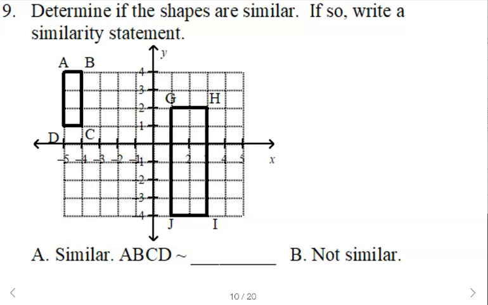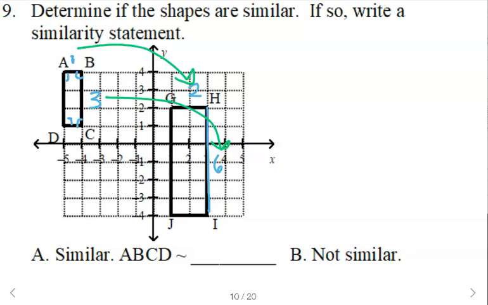Quadrilateral ABCD is similar to, just write it in the way they correspond. Now I'm noticing all these are right angles. Also noticing that this side length AB is 1, GH is 2. Let's see if these are proportional. BC is 3, and HI is 1, 2, 3, 4, 5, 6. Okay, so we're good there. As we go from this one to this one, we multiply by 2.